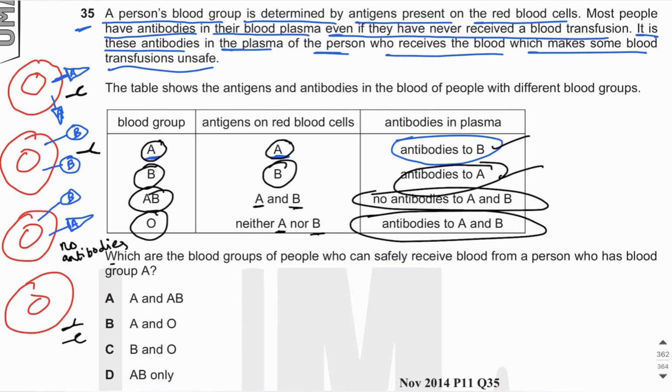Now the question is, which are the blood groups of people who can safely receive blood from a person who has blood group A? So they are asking which person can receive blood group A blood safely.